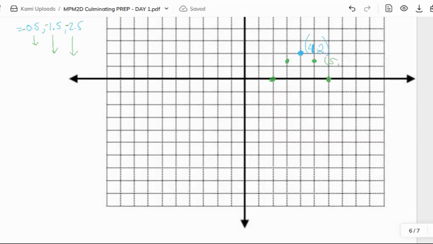5, 1.5, 6, 0. And folks, I'm going to keep going until I exhaust my graph. So I've gone down 1.5. Now I have to go down 2.5. After 2.5, how many am I going down? Look at the pattern. 3.5.